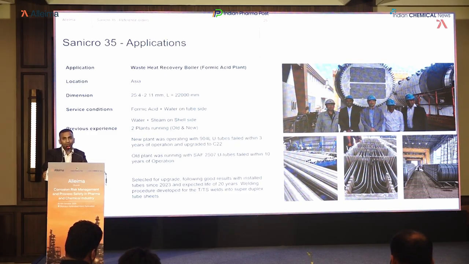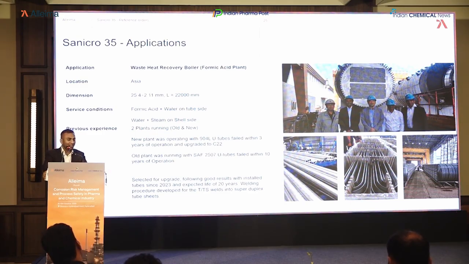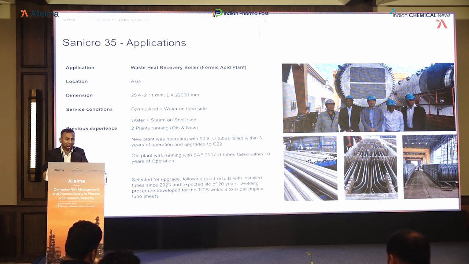The old plant was with super duplex 2507, and it again failed within 10 years of operation. They were expecting a life of 20 years, but it was a premature failure for them. So it was selected for a grade upgrade, following the good results with installed tubes since 2023, with an expected life of 20 years. Sanicro 35 tubes were used, and they were welded with the existing super duplex tube sheets.